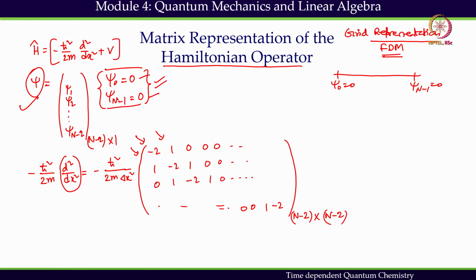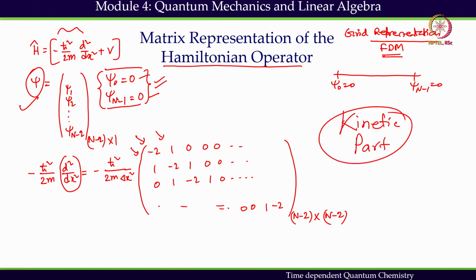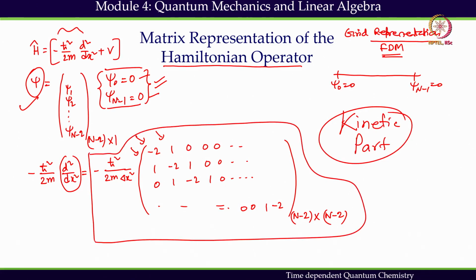So, what I get is that the kinetic part is represented by this matrix under grid representation with the help of this finite difference method.